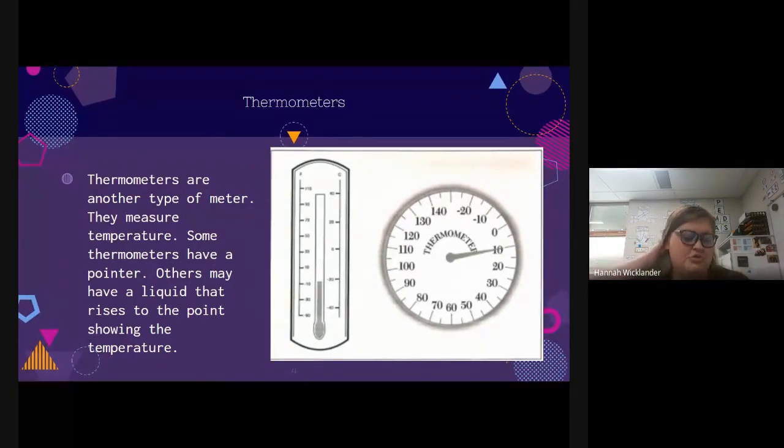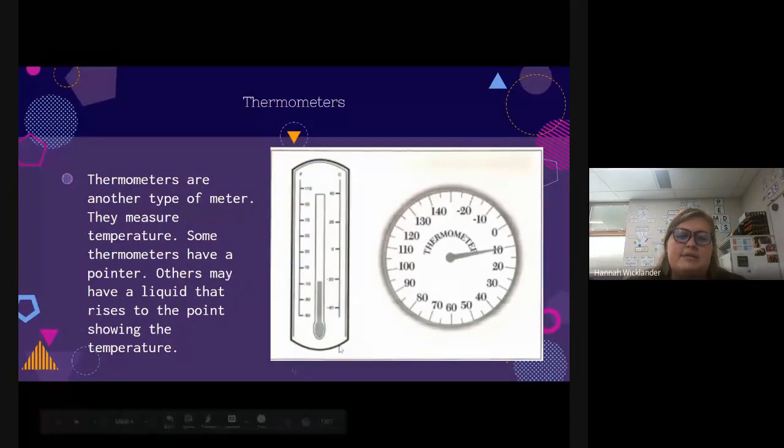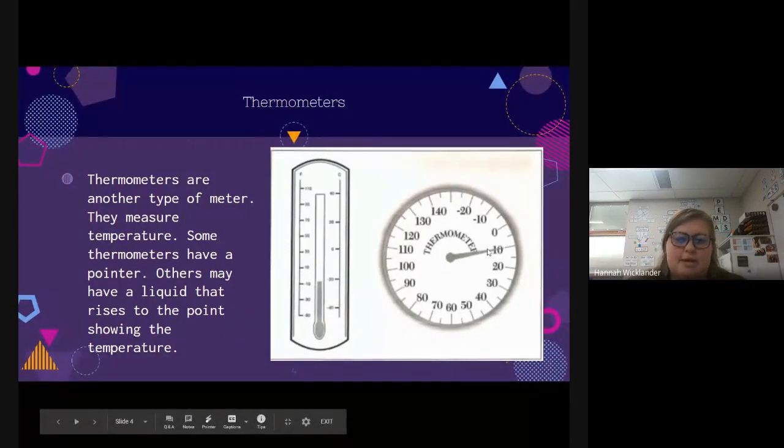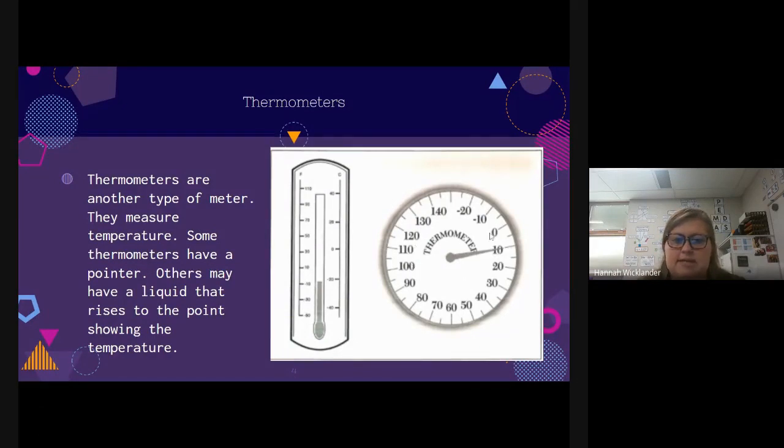There's thermometers in fridges. There's a lot of different thermometers. They all are a little different. Some will measure with a liquid and some will measure with a pointer, or some now are even digital. So this one with the liquid, wherever the line of the liquid is at, that's the temperature. This one, the pointer tells you exactly what it is on the circle, or digital just reads it out for you.